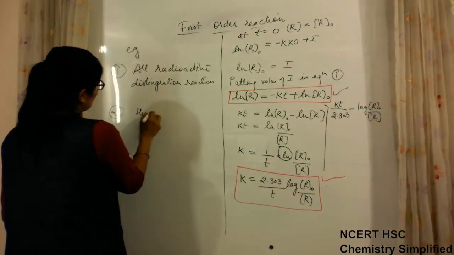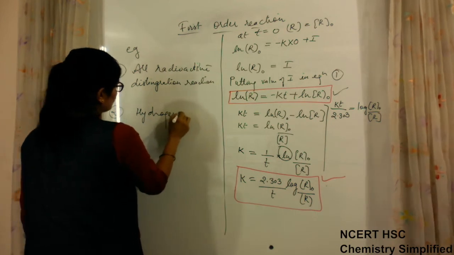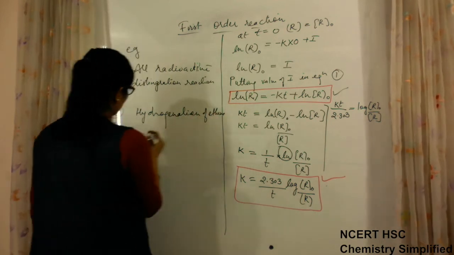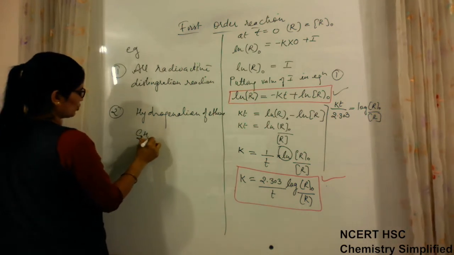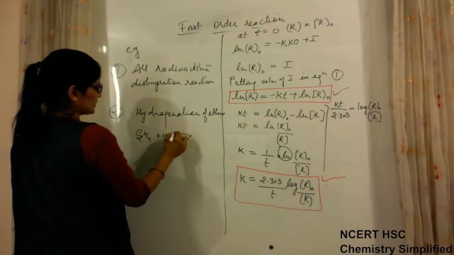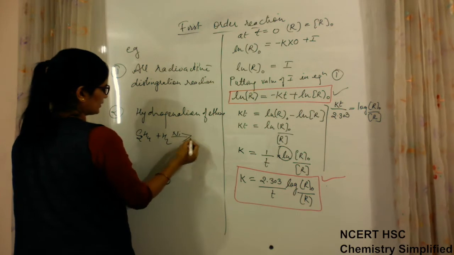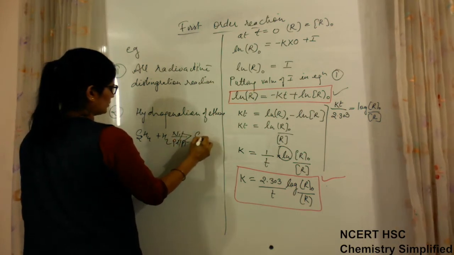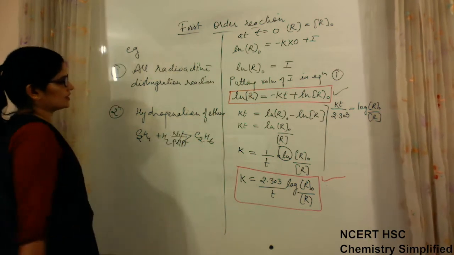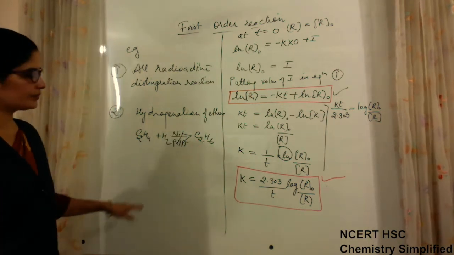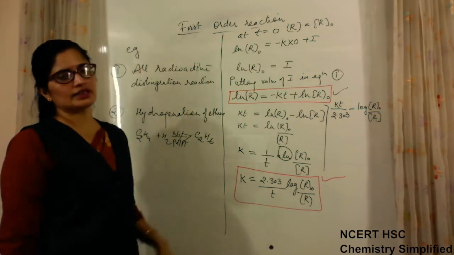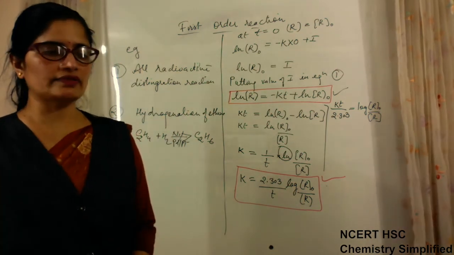Hydrogenation of ethene, that is C2H4 plus H2 in presence of nickel, palladium, platinum to form C2H6. This is an example of a first order reaction, and all radioactive disintegration reactions or radioactive decay reactions.